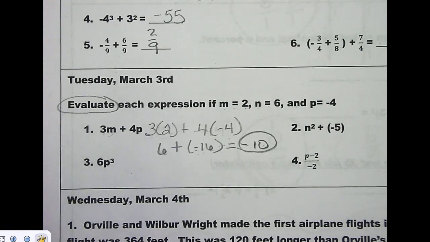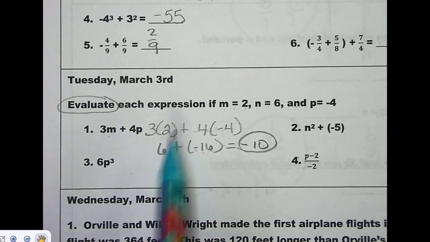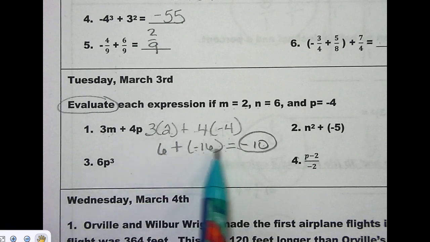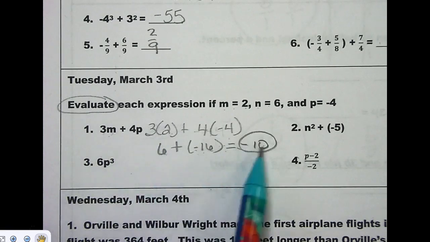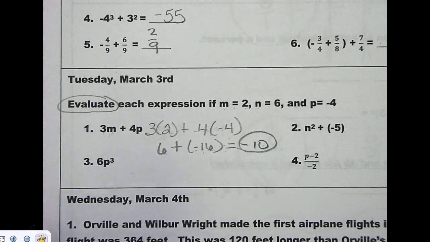I could use a number line. What's the third way that I show? Counters, right? 6 positive counters, 16 negative counters, cross off 0 pairs, and I'm going to be left with 10 negative counters. You have to know how to do that some way without a calculator. If it was me, I would have tried this section without a calculator as well.